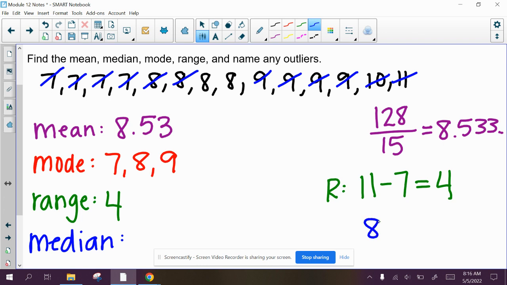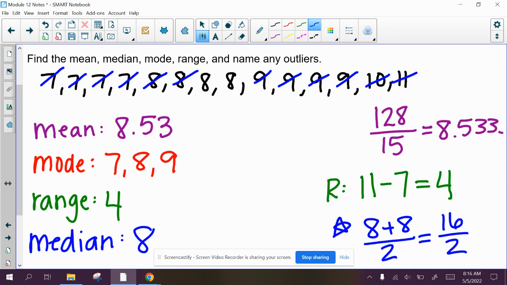So 8 plus 8 divided by 2 is 16 divided by 2, which is 8. In this case, you probably could have just said it was 8 because you already knew that. But I wanted you to see this method because if it was like 7 and 8 or 8 and 6, you would have to add them together and divide by 2 to find the median.